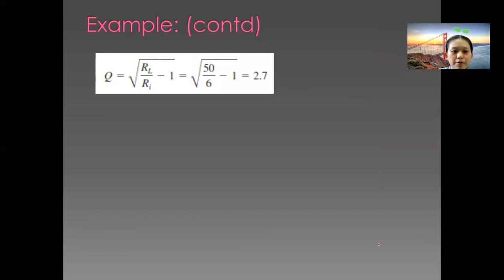Then we're using the next formula, Q equals the square root of RL divided by RI minus 1. So 50 divided by 6 minus 1, we get 2.7.